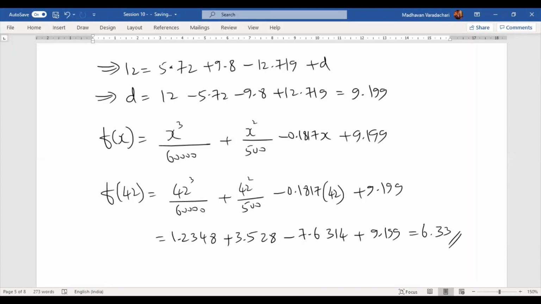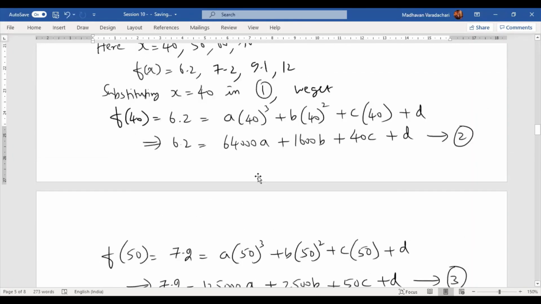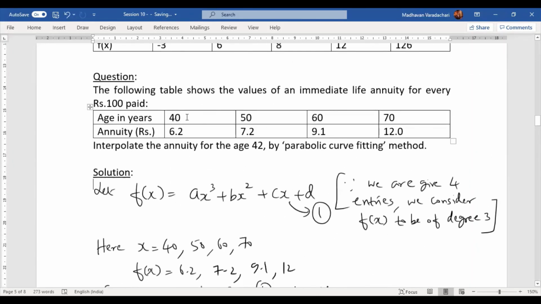Means if you look into that table, whatever table initially given in the question, they are asking us for 42. See, 40 they gave as value, 50 they gave as value. They are asking in between for 42. So if it is in between, the answer also should be between 6.2 and 7.2. Since 42 is much nearer to 40, the answer should be nearer to 6.2.